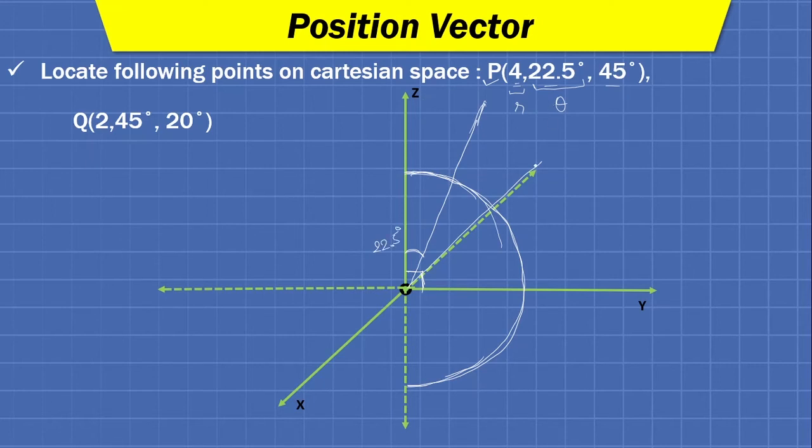So we have shown the theta, and the third coordinate of point P is phi. Again, this phi is the angle made by the half plane with respect to x-axis. So we know the angle between x and y axis is 90 degree, and the bisection of this angle is nothing but the third coordinate of point P, which is 45 degree. Fine. So this is our theta 22.5 degree, this is our phi 45 degree.